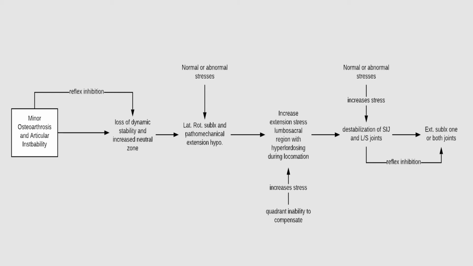The process then continues with negative feedback until the end zone is breached and a subluxation or labral tear occurs and blocks medial rotation and its extension. This then stresses the lumbosacral and sacroiliac joints, causing instability, and then, at least in some people, subluxation into extension with flexion hypomobility. Aggravating factors are locomotion.